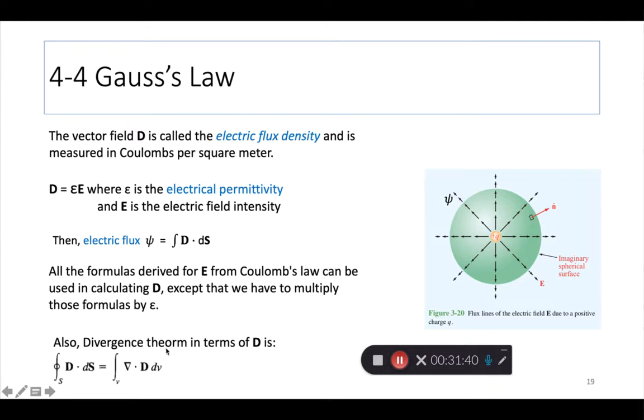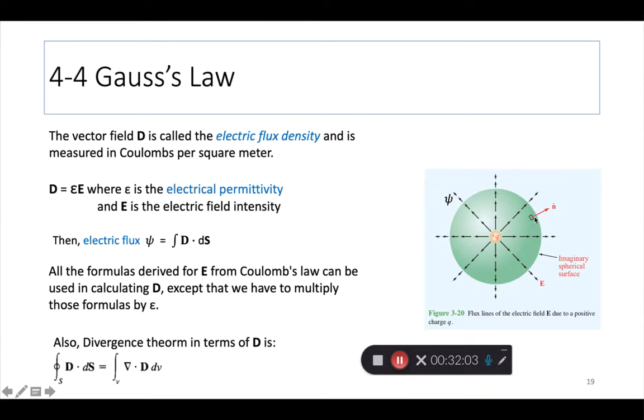Okay, so I'm bringing all this together because you will see all this in the next slide when we talk about actual Gauss's law. So again, you're imagining a field. There's a charge here. It's creating E, which is also creating D, right? Because it's the same thing. And then these lines are called flux.